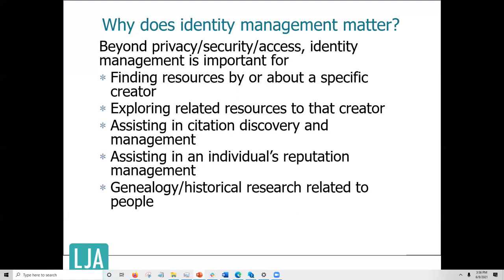And the Prince fans in your area are really excited about this, and they're starting to call the library asking you about it. So you want to be able to find that information so that you can tell them, yes, we will have access to the album when it drops, or no, we don't, but you might check wherever. So we do have people who want to find resources by or about a specific creator or person.